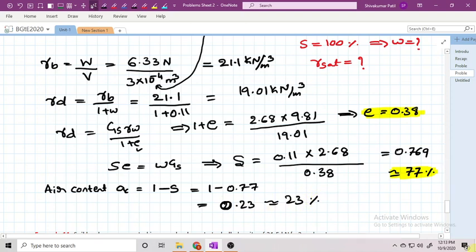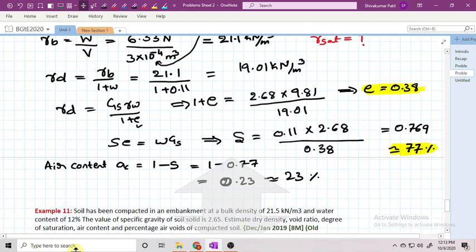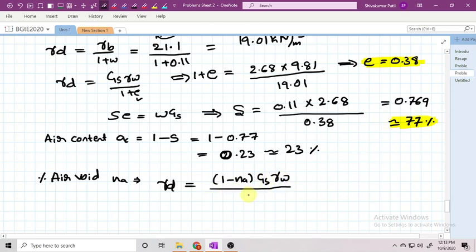Next thing is percentage air voids they are asking. How can I find out percentage air voids? What is the symbol? Na. This I can find out from the dry density formula. I know the dry density formula in terms of percentage air voids: gamma D equals 1 minus Na into Gs gamma W divided by 1 plus E. Everything I know except the Na value.